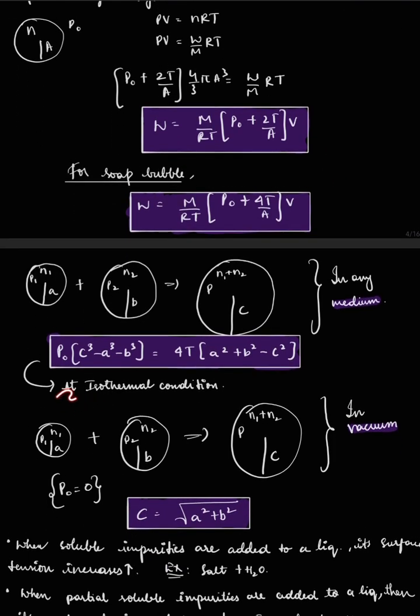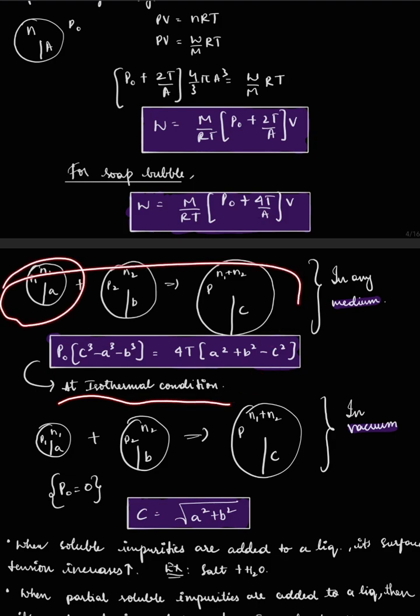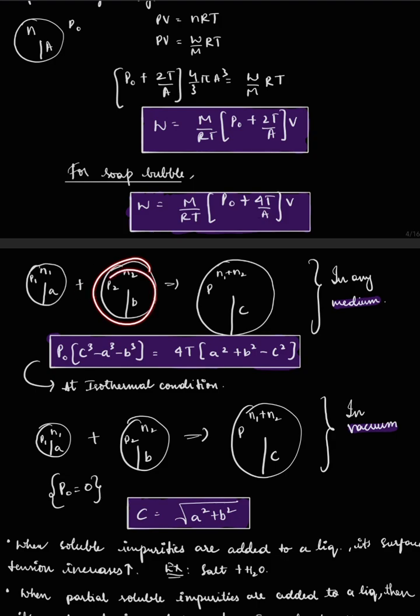Next, when one bubble and another bubble collide, just imagine they both form a big bubble. Then P naught, this is the formula.